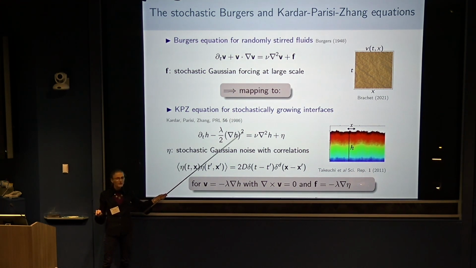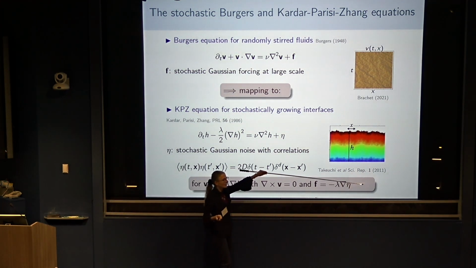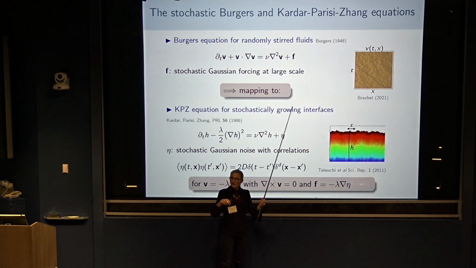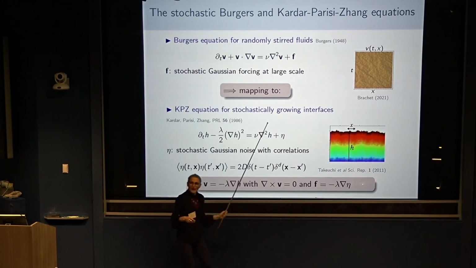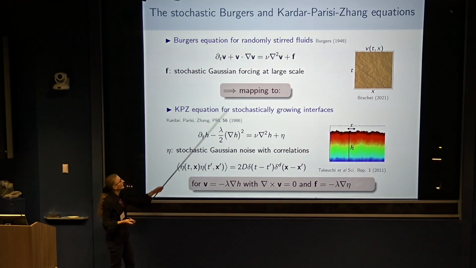And this equation describes an interface that grows under some stochastic process and that becomes rough as it grows. Okay? And I will consider this case of Burgers when it maps to KPZ.